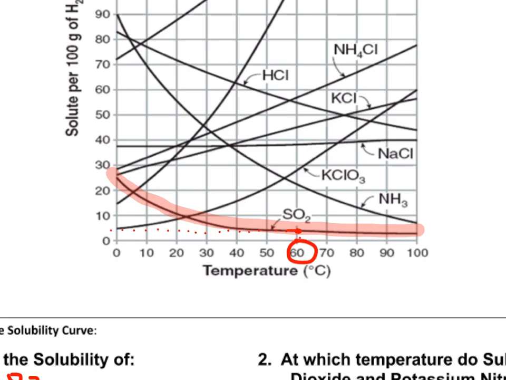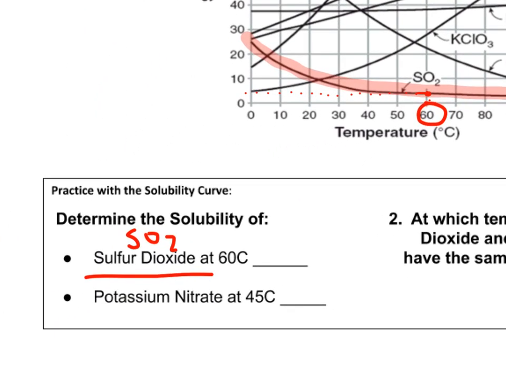That's slightly better. It looks like it might be about 4, maybe 5 grams. So let's go ahead and fill that in. The solubility of sulfur dioxide at that temperature, I would say somewhere between 4 to 5 grams.